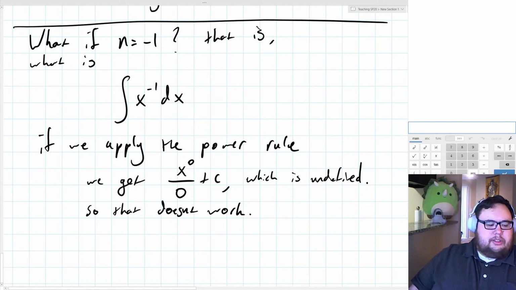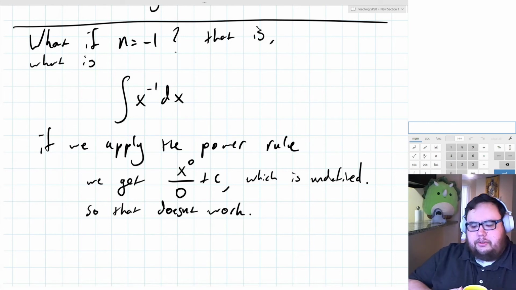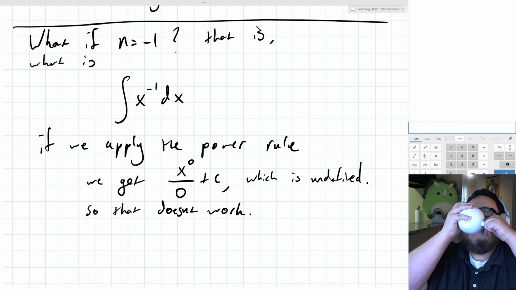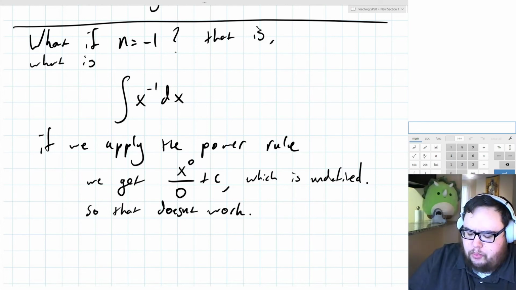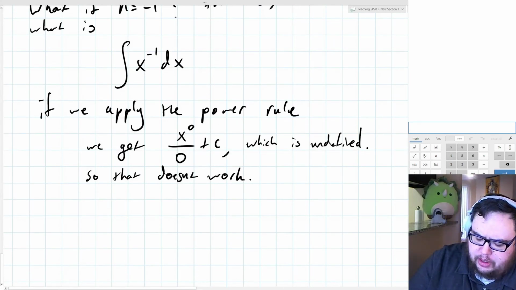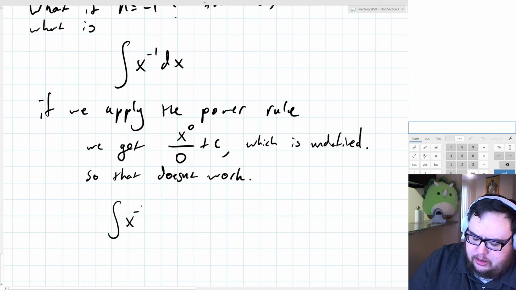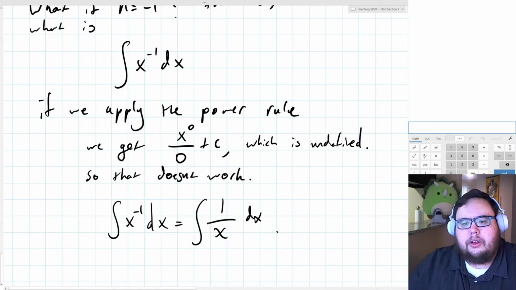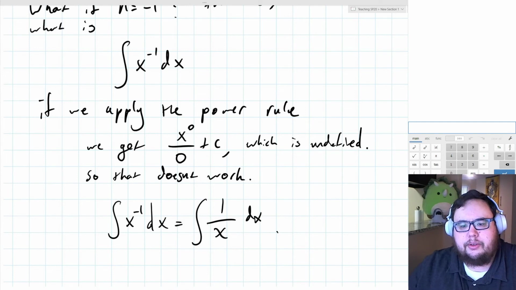Does anybody have any ideas what the antiderivative of x to the negative 1 is? It might help if you rewrite it as the integral of 1 over x dx. So what function has derivative equal to 1 over x? ln x?